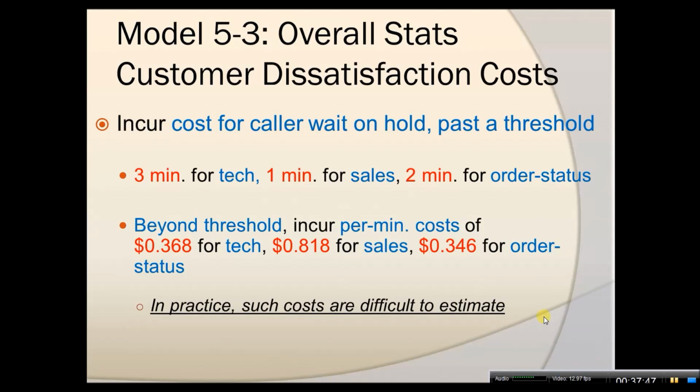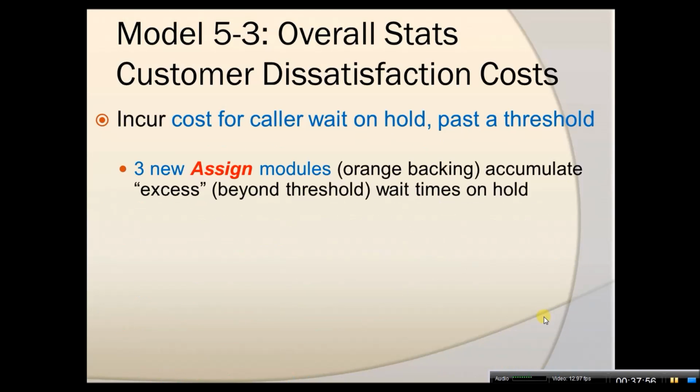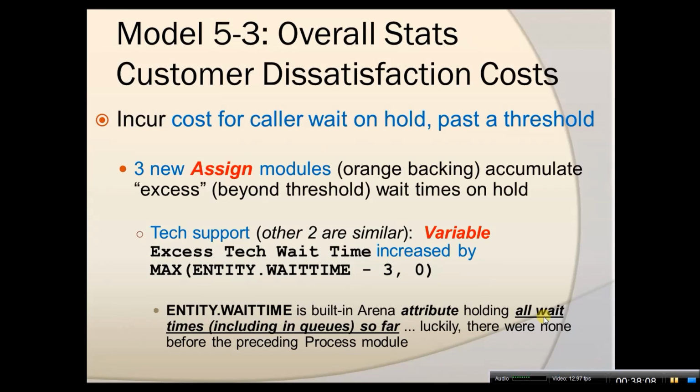And so in practice, of course, these costs are very difficult to estimate, but that's what we're going to use. And so to implement that, we're going to actually add 3 new assign modules to accumulate excess wait times on hold. And we also will introduce additional variables.